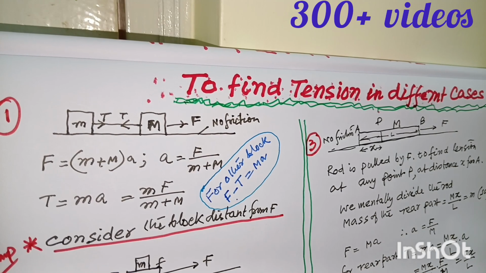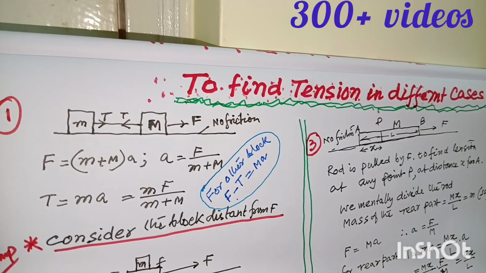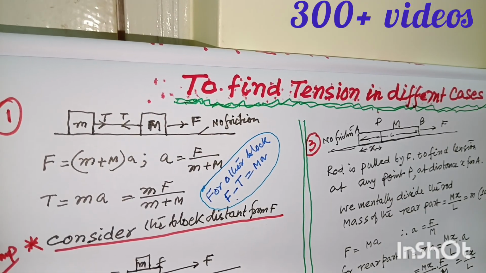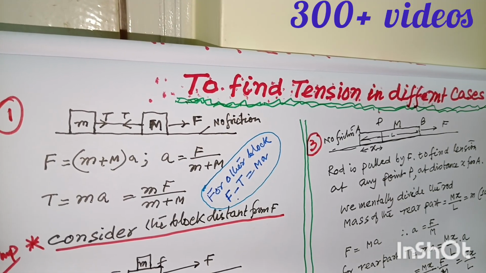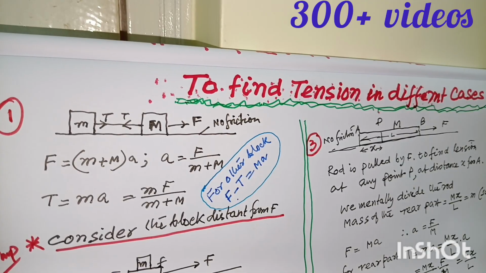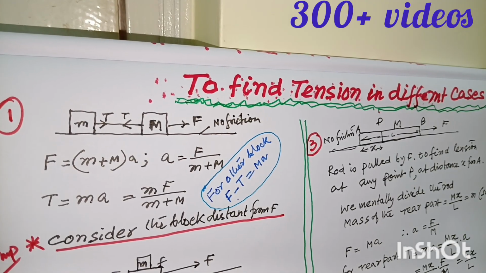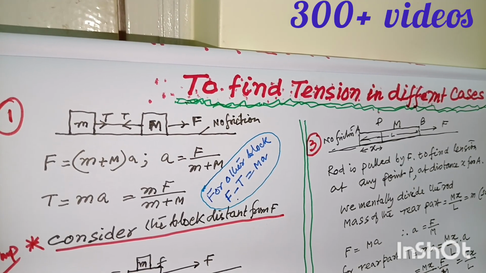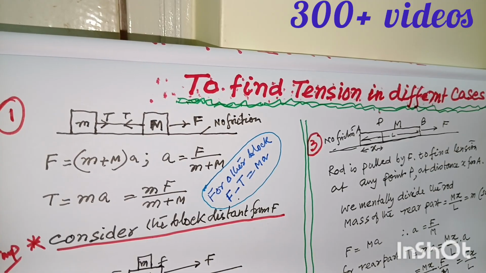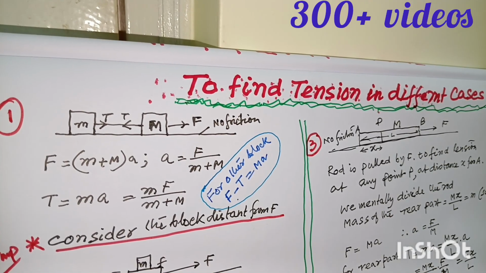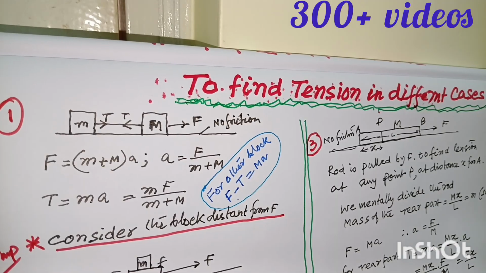If we take capital M, then you will need another line, that means slightly lengthier. Naturally in any examination, time is short, so we have to think which is easier. So this is the tip: we consider the block distant from the external force. Here it is small m.